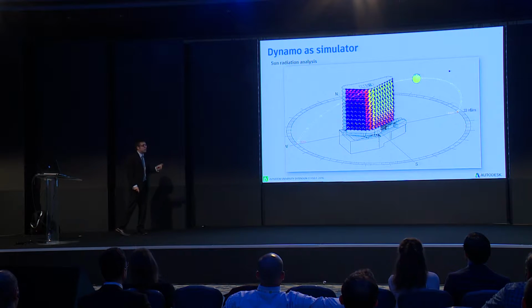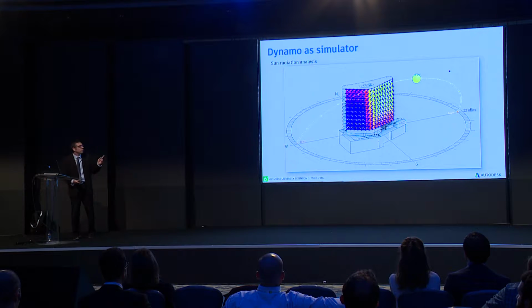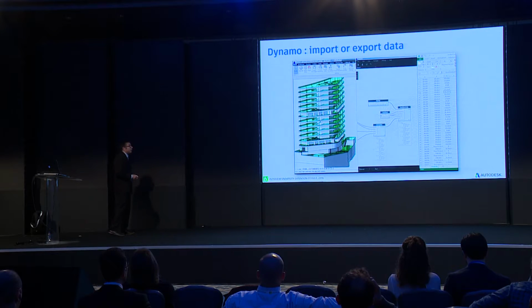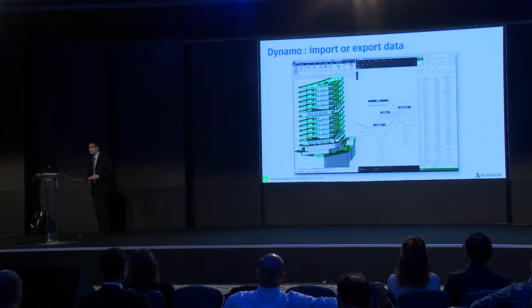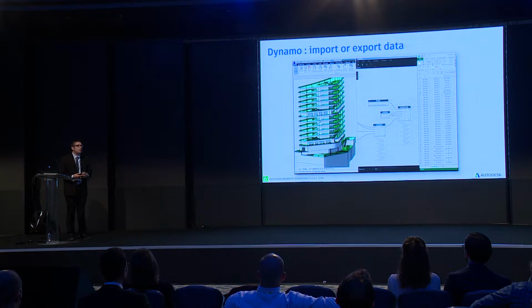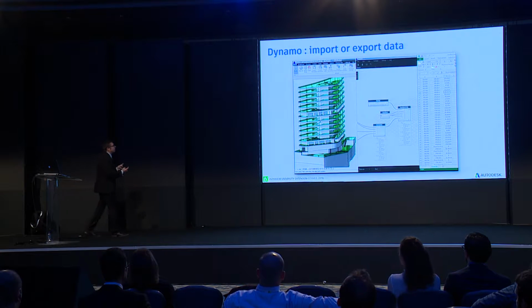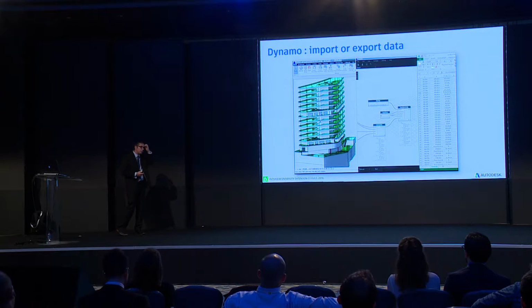Of course, you can do some simulation with Dynamo. Here you've got a sun radiation analysis. And of course, for engineers and others, you use Excel every day. And you can exchange data between Excel and Revit using Dynamo, import or export.